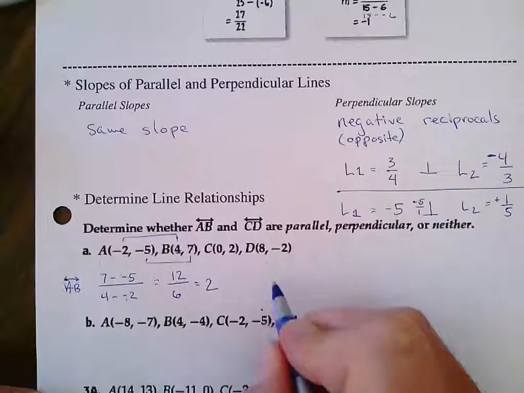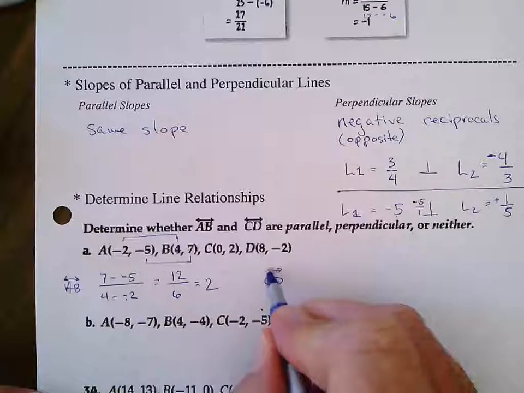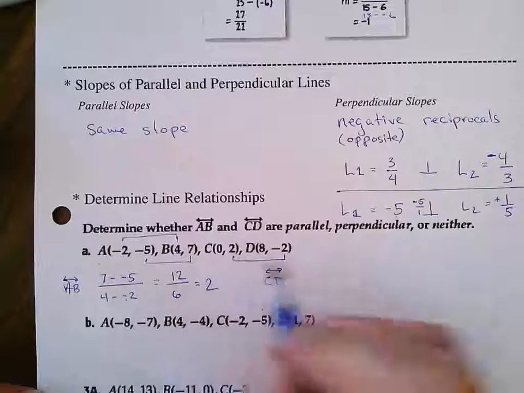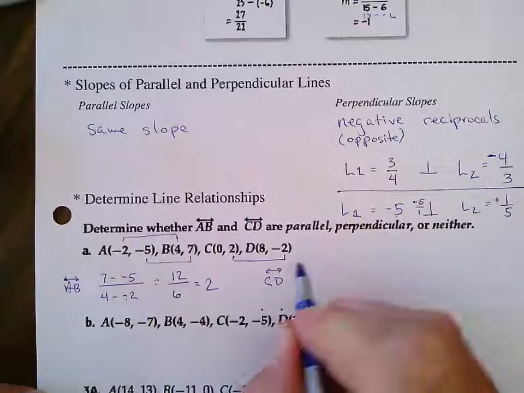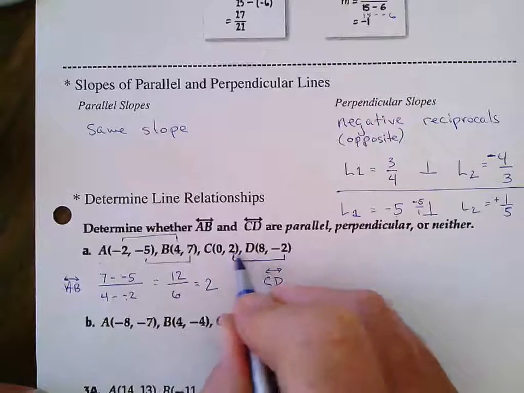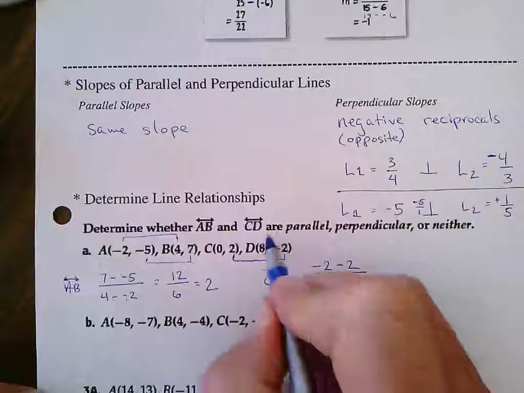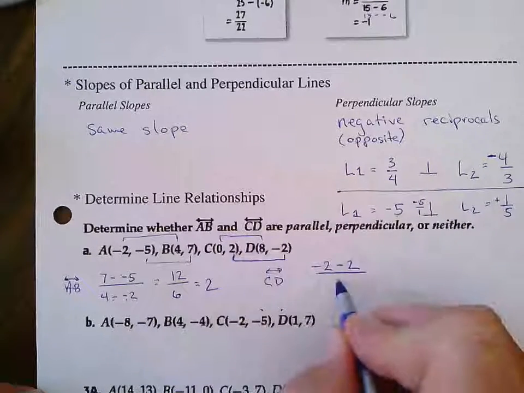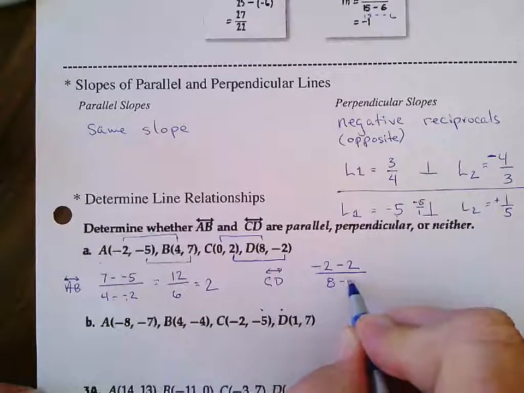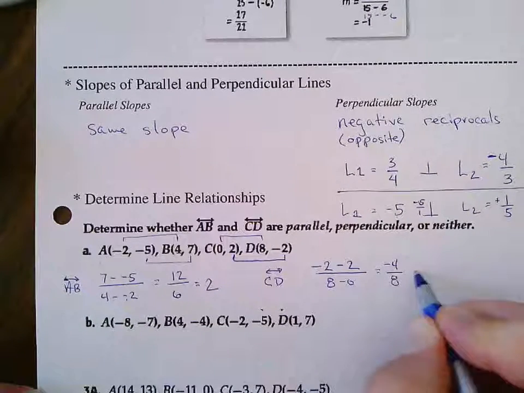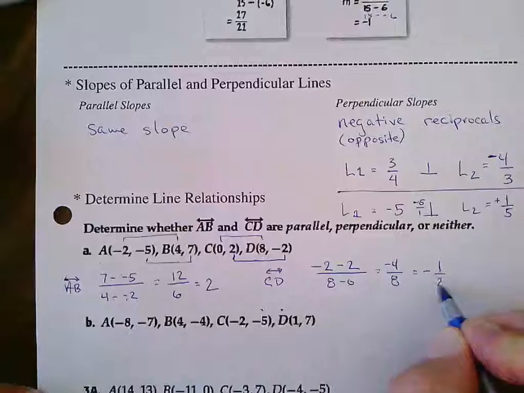And then I can do CD real quick. Again, I'll go my y's first, negative 2 minus 2. And then my x is 8 minus 0. So this turns out to be negative 4 over 8, which is a slope of negative 1/2.